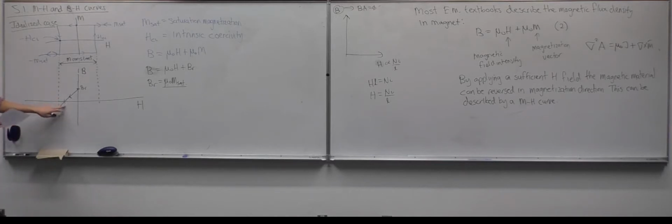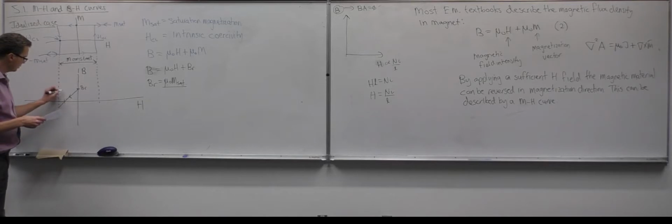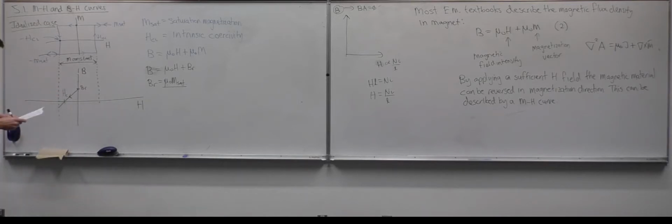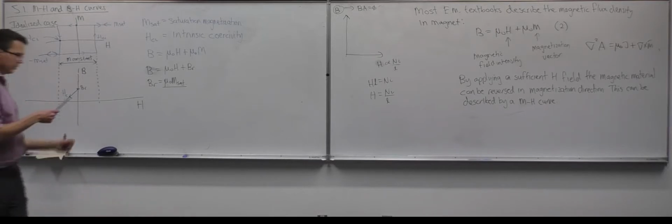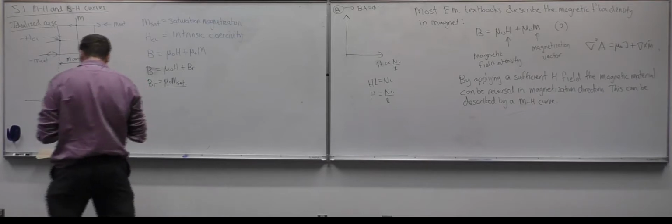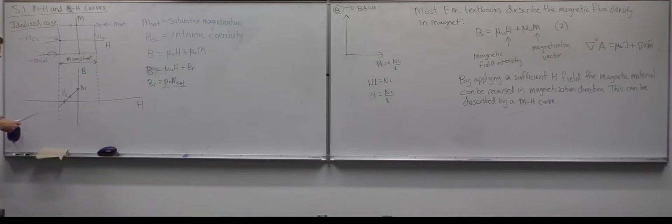This point here is where the B field is 0. So that's called HC, the magnetic field intensity coercivity. But when we hit this point here, this is HCI, right?